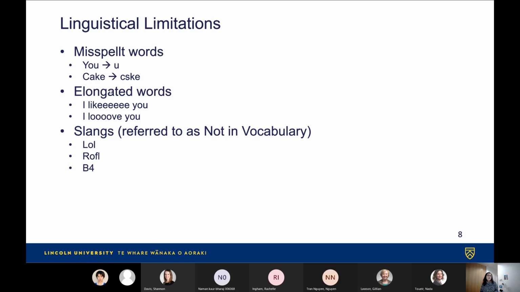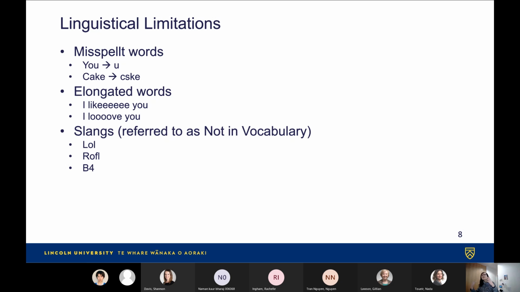So yeah, we need to worry about this, and we also need to worry about slang. We call these not-in-vocabulary words because they are not really in the vocabulary. These are words that were created when social media became prevalent. Okay, LOL. What's LOL? Laugh out loud. So we have to resolve that.